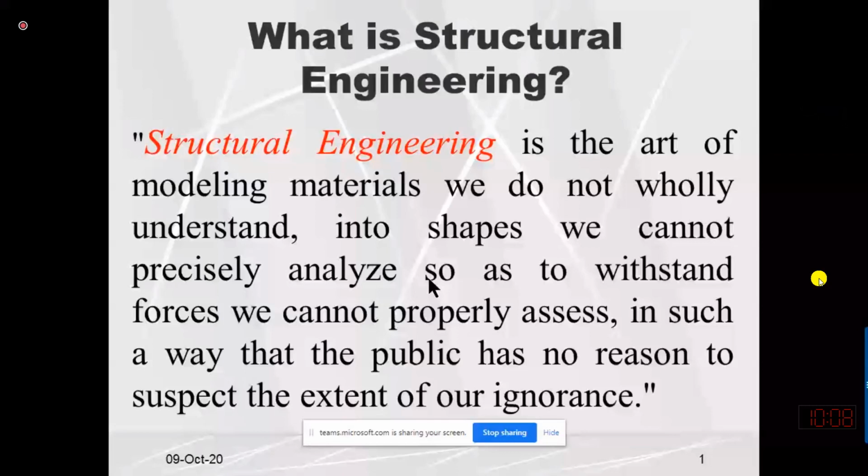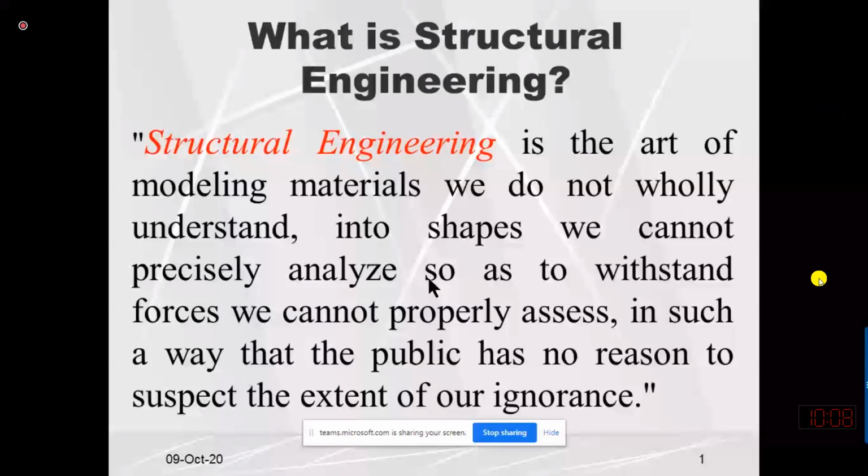Successfully means that when the steel or concrete cross section is subjected to applied loading, maybe UDL, point load, or UVL, there must not be any appreciable deformation in the structure, and all the stresses are within the allowable range. So there must not be failure.